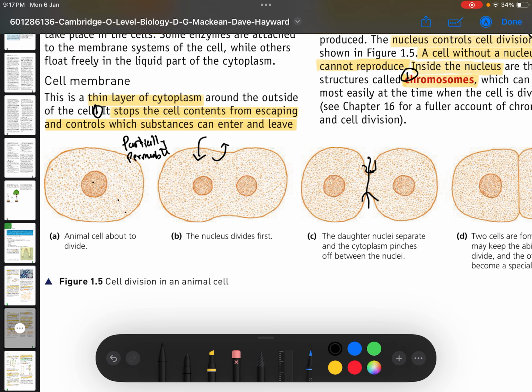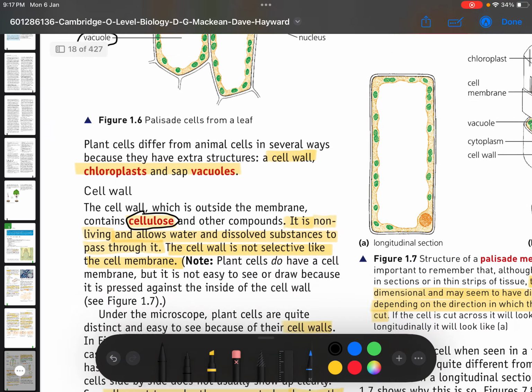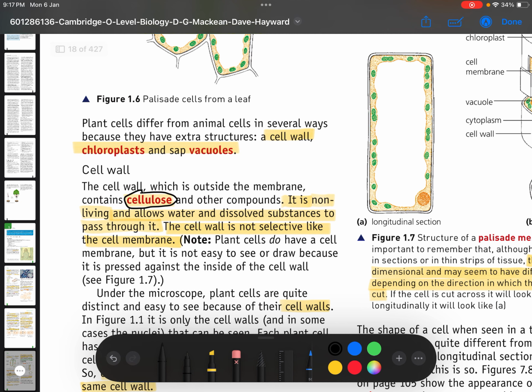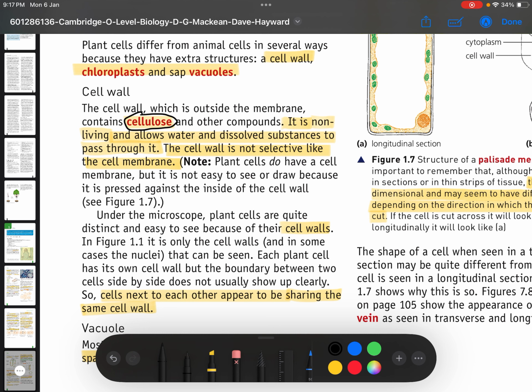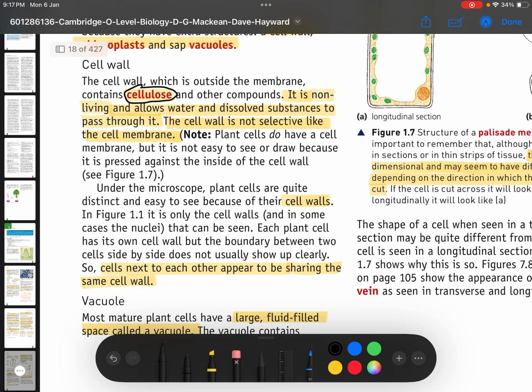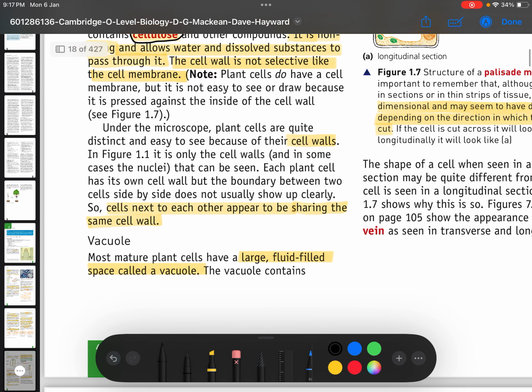It allows a few contents to leave the cell, and it allows few contents to enter inside the cell. Whereas the cell wall, which is present in the plant cell, is not partially permeable. It is freely permeable. It allows each and everything to enter and each and everything to leave. So there is no such selective mechanism for the cell wall in itself. And that's almost the main part you need to know.